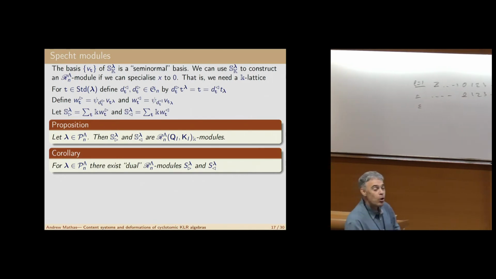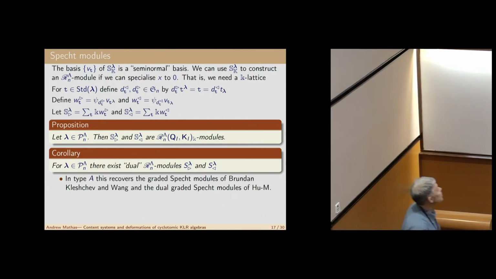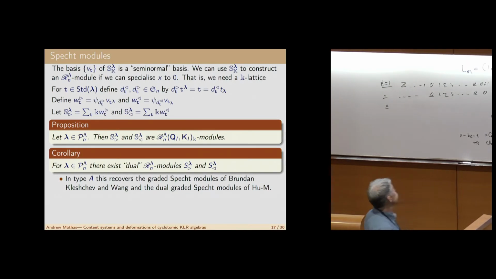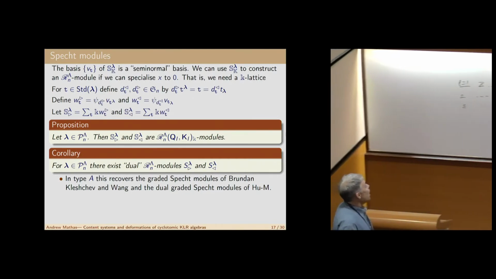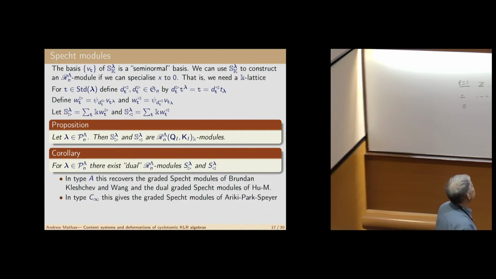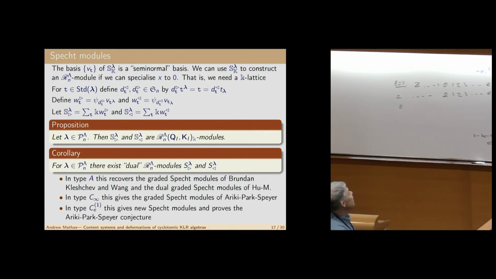But they're honestly dual modules that you get this way, and they're very naturally associated to these partial orders. So doing this, we recover the graded Specht modules of Brundan, Kleshchev, and Wang, and the dual graded Specht modules of Hu and myself. In type C infinity, we'll get the graded Specht modules of Ariki, Park, and Speyer.